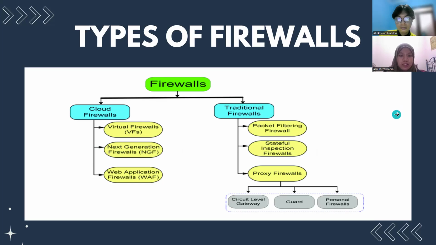They include virtual firewalls, which operate in virtualized environments, and next generation firewalls that integrate advanced security features like deep packet inspection and intrusion prevention, and web application firewalls, which specifically protect web applications from threats such as SQL injection.